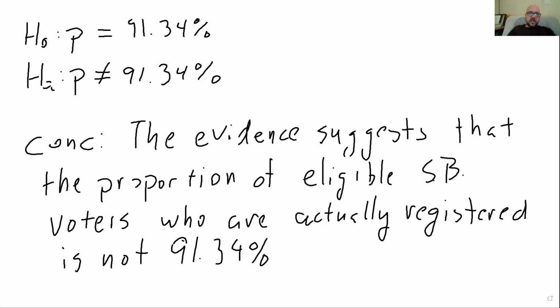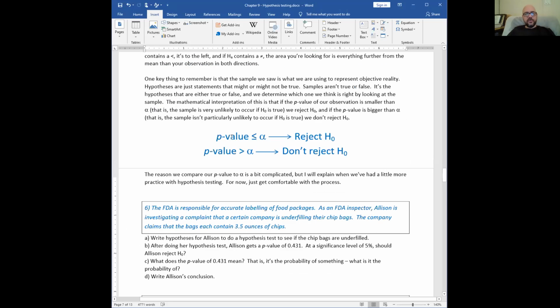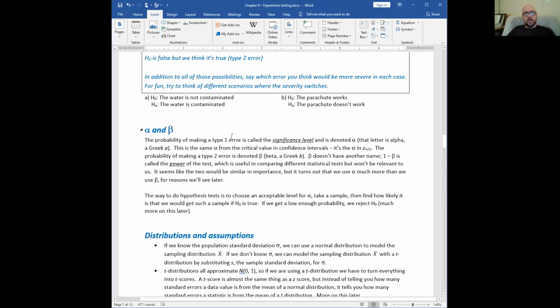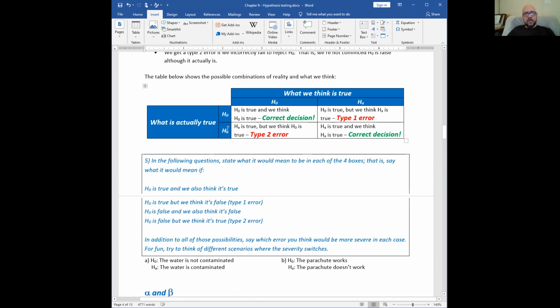And let me just make a quick trip back to errors here and mention why there's only one that we could make once we've done that. The thing that we think is actually true in this case is the alternative hypothesis, right? So once we think the alternative hypothesis is true, we are not looking at this column anymore. We are only looking at this one. So we think the alternative hypothesis is true. If it is actually true, great, we've made a correct decision.